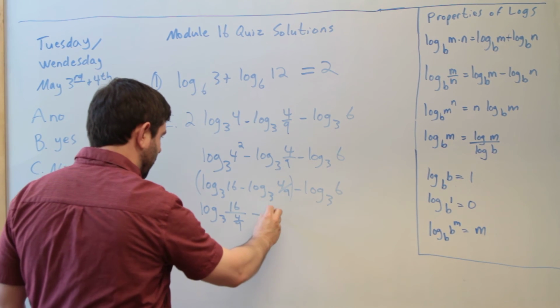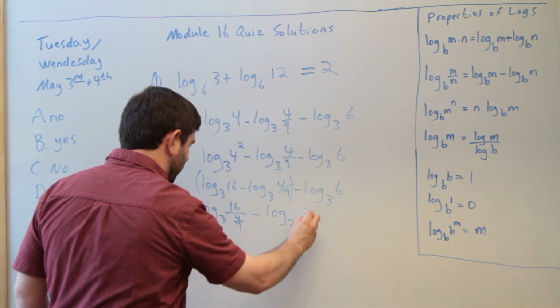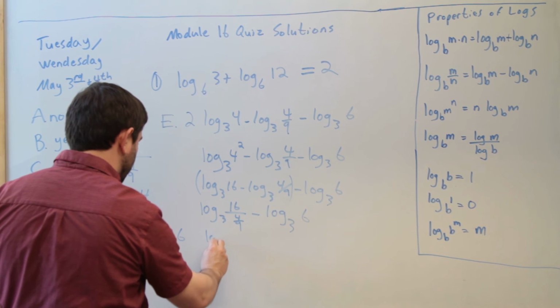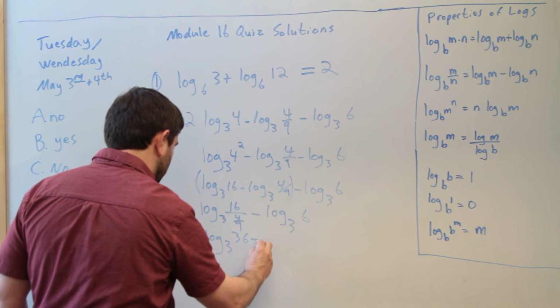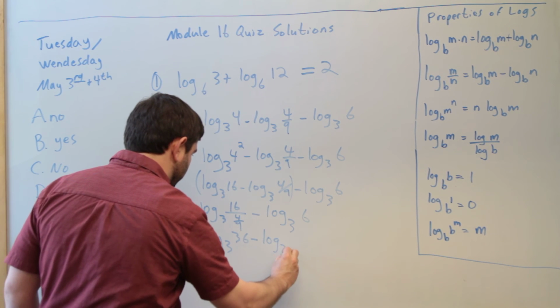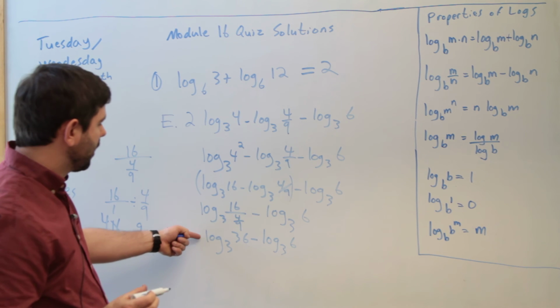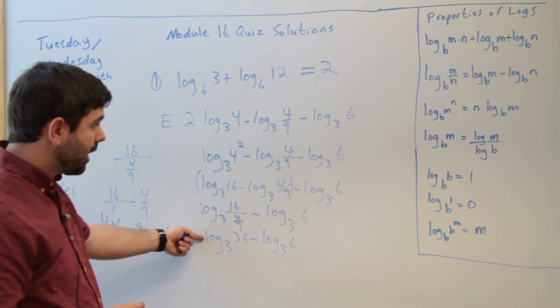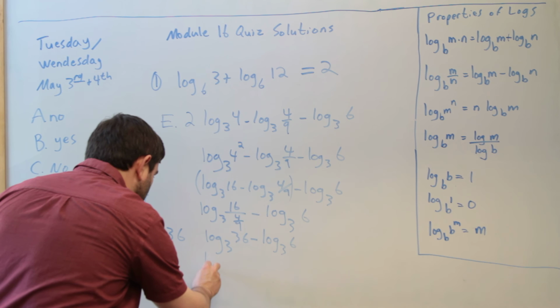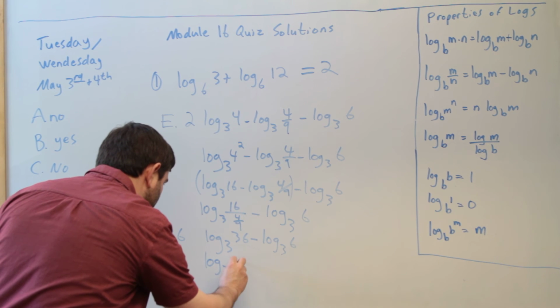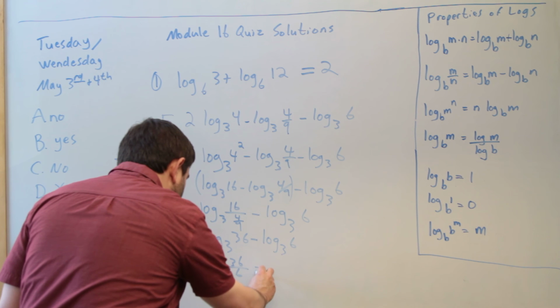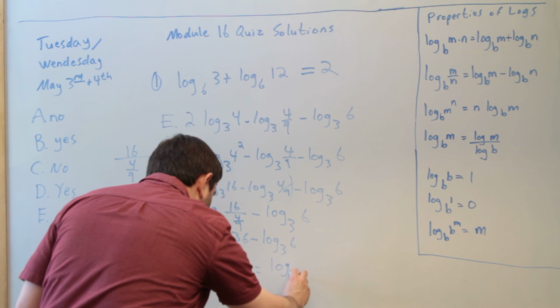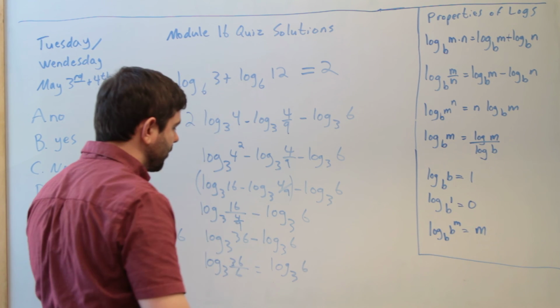And we're going to subtract log base 3 of 6. So we have log base 3 of 36 minus log base 3 of 6. And now we can use our quotient rule again. So we're going to have log base 3 of 36 divided by 6. This is the log base 3 of 6.